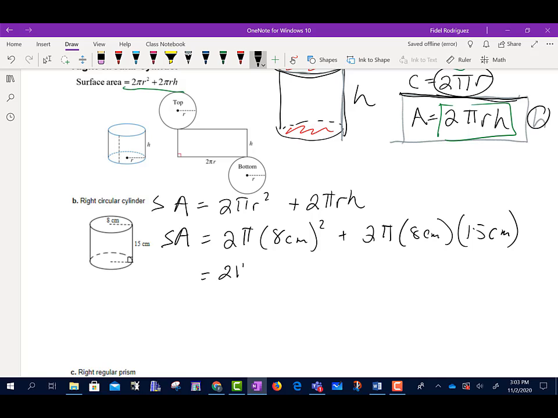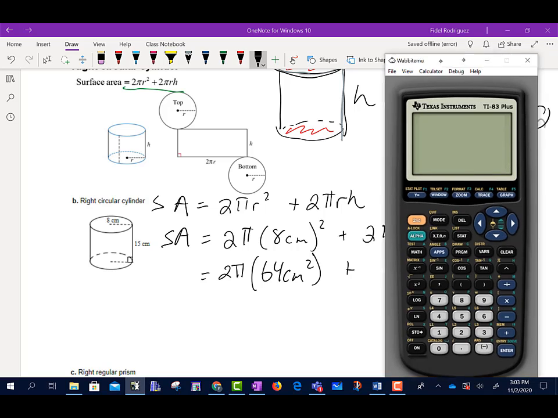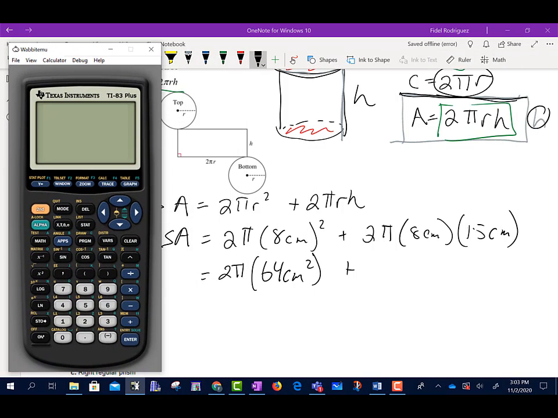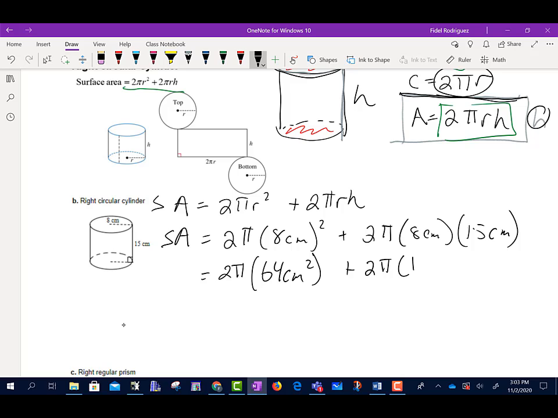So this is going to be 2 pi, 8 squared is 64 centimeters squared, plus, I'm going to grab my calculator real quick. I'm going to multiply 8 times 15. That's giving me 120. So 2 pi times 120 centimeters squared, because centimeters times centimeters gives centimeters squared.